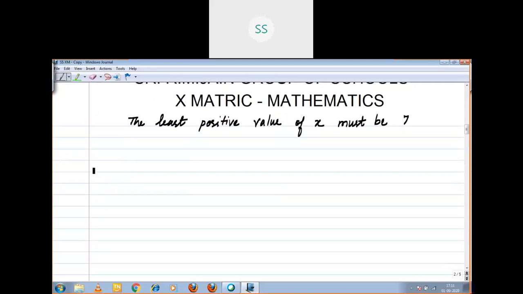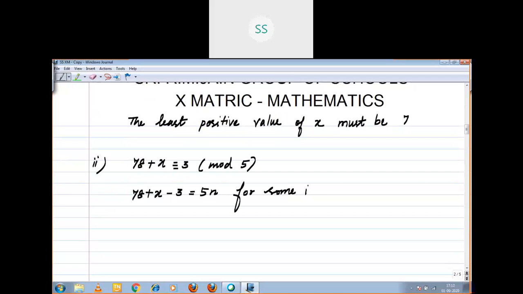Next subdivision: 78 plus x congruent to 3 modulo 5. 78 plus x minus 3 equal to 5n for some integer n. That means what is it?